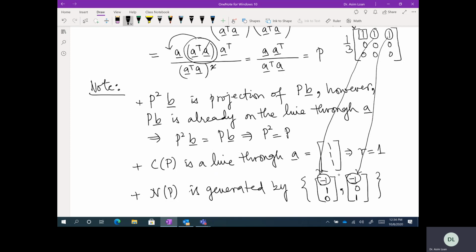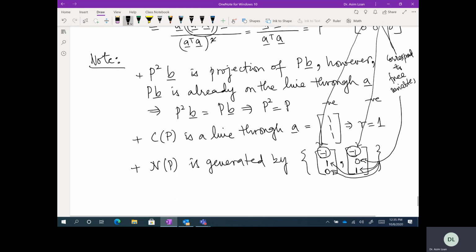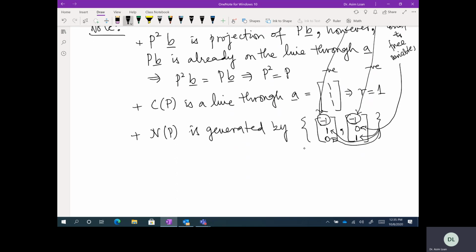These correspond to free variables. And this dimension is actually n minus r, which is 3 minus 1, which is 2. So this is one vector, this is the second vector.